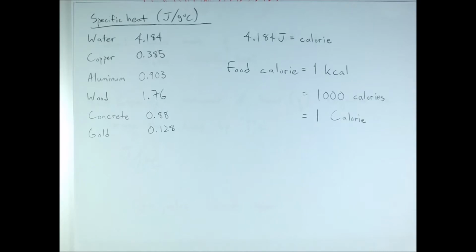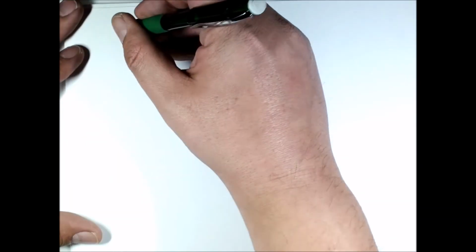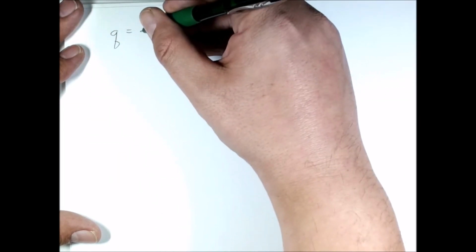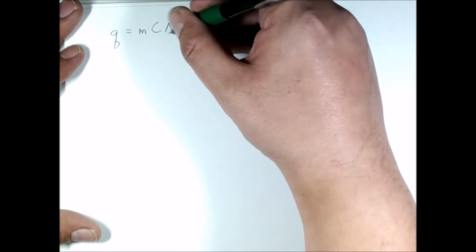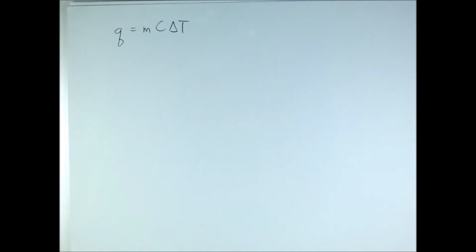All right. There is a way to express this in an equation. So the equation for this is Q equals m c delta T. That is the overall equation.